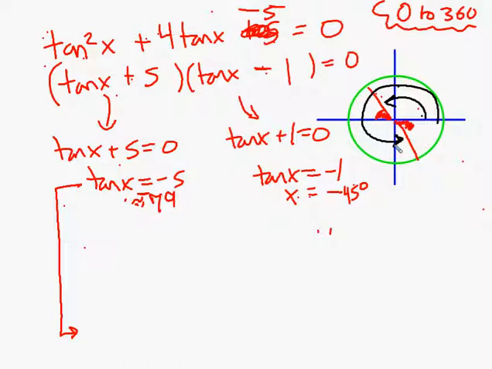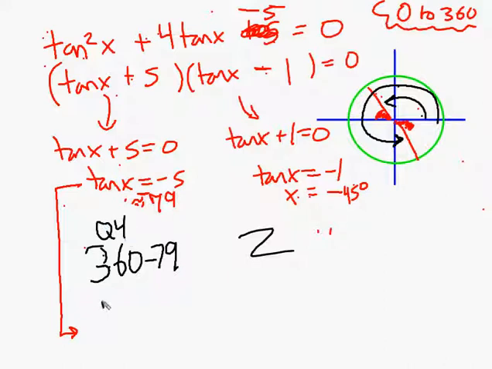So to get one of them, I'm going to do 360 minus the 79. That'll give me quadrant 4. And for quadrant 2, I'm going to do 180 minus the 79.